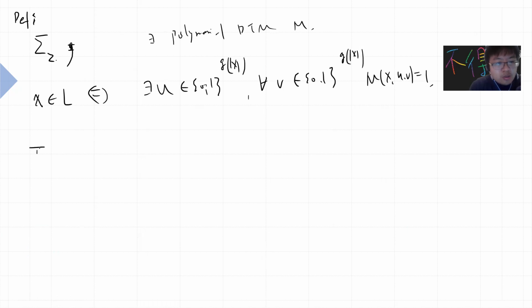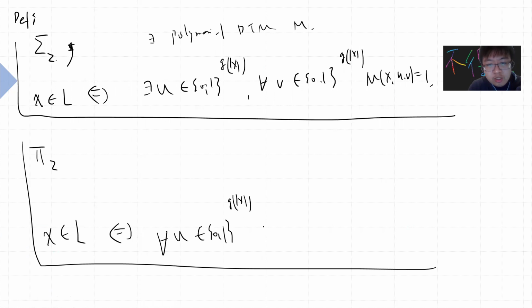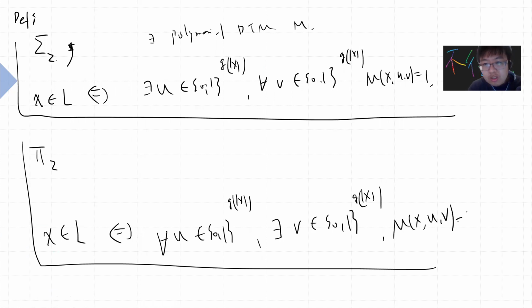This is the definition of sigma 2, and one can also define pi 2 by just doing a negation. So x belongs to L, and then change the exists to for all: for all U belonging to {0,1} with polynomial length, there exists V belonging to {0,1} of polynomial length, such that M(x, U, V) is 1.